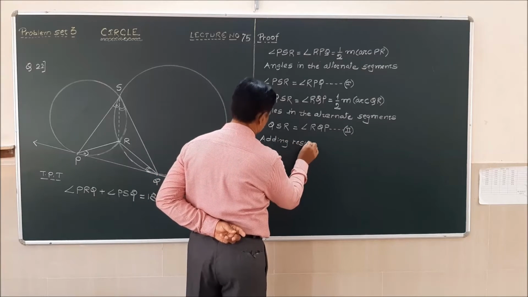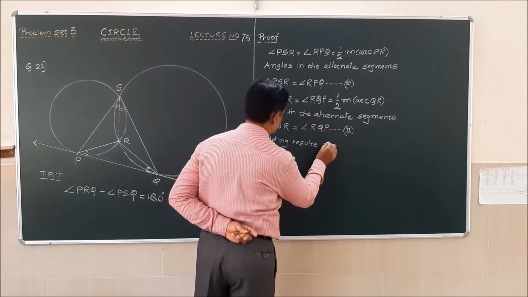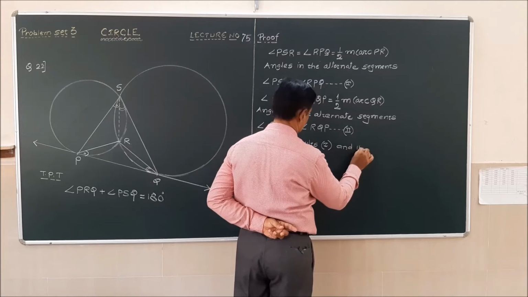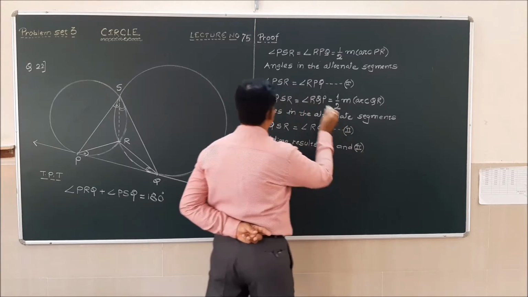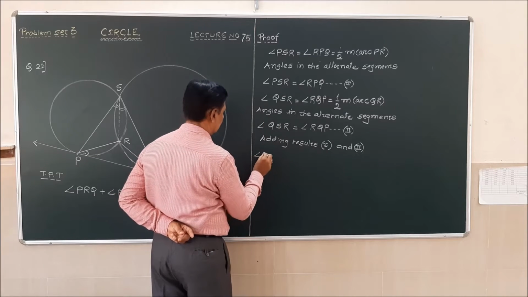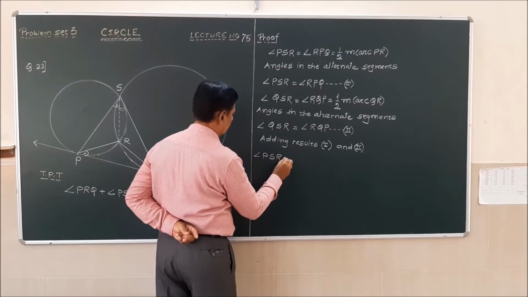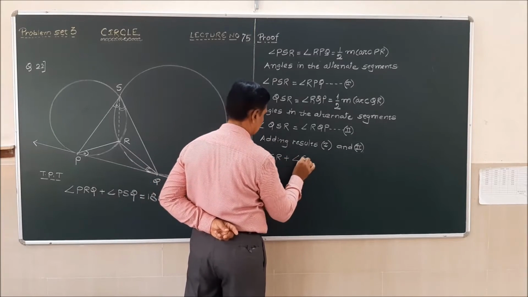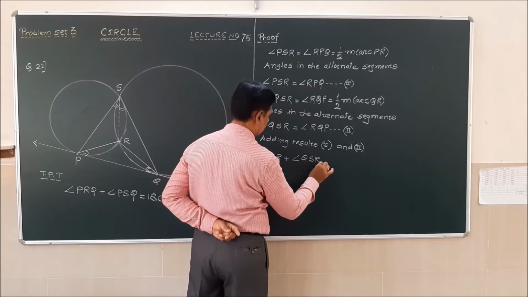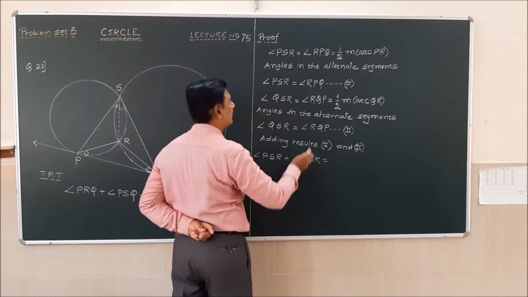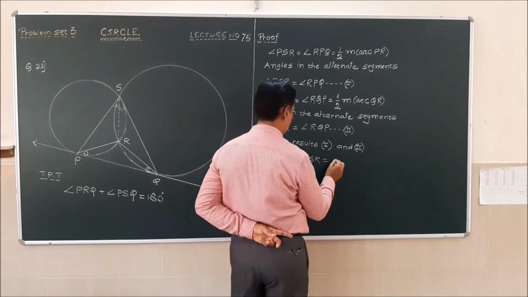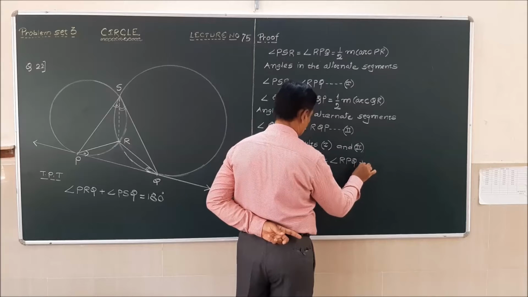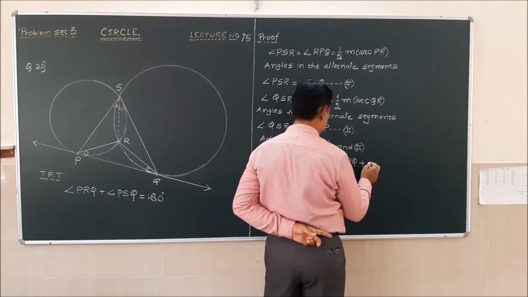Adding the results 1 and 2, the left-hand side is PSR plus QSR, that is equal to the right-hand side of 1, angle RPQ, plus angle RQP.